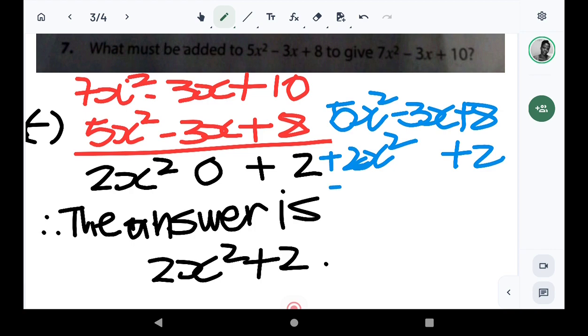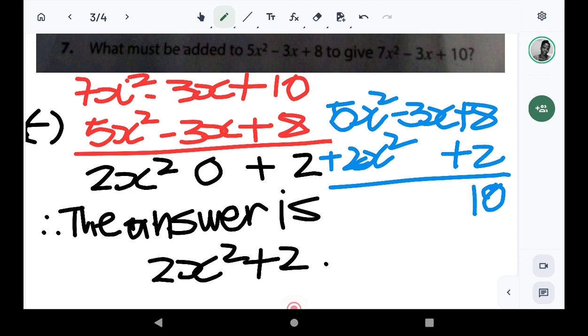Notice how I'm aligning all the terms. 8 plus 2 is equals to 10, so that gives us 10.